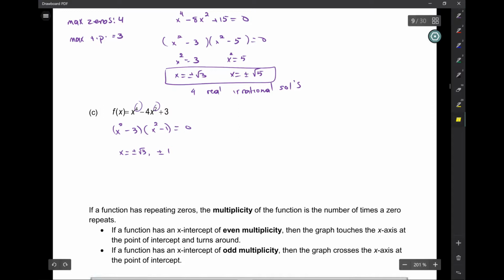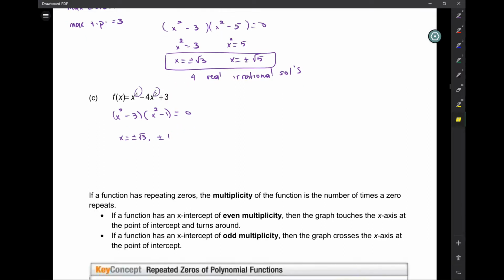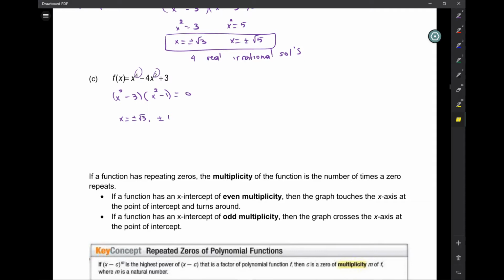Okay, multiplicity, my favorite thing of all. If a function has repeating zeros, right? So for example, if you have f of x equal to x squared.